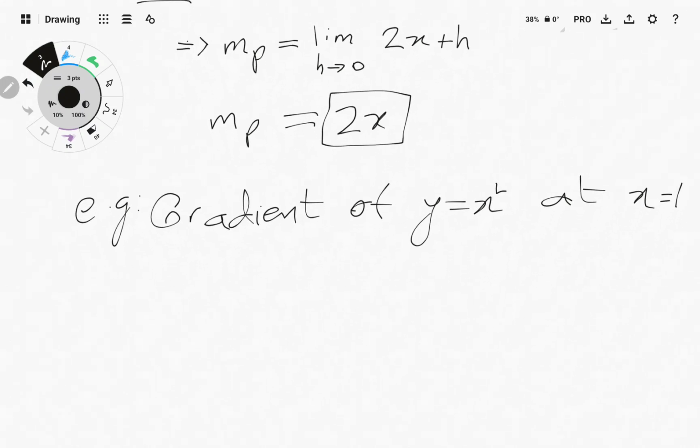What you're gonna do, all you have to do is this. I'm just gonna say m. I'm still gonna just use m for now. We'll discuss the formal notation and the formula in the next class, inshallah.